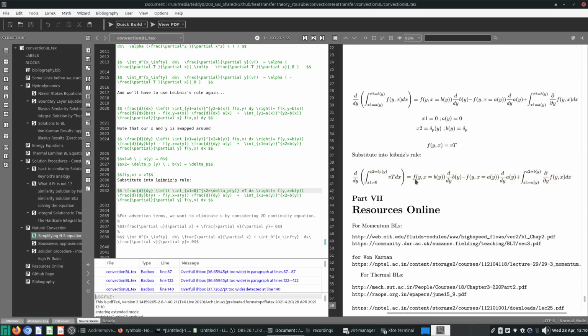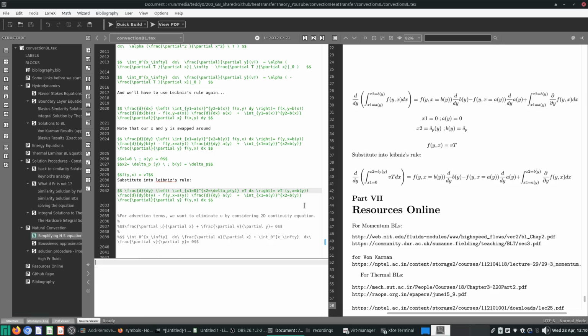Okay, so we will actually have vt evaluated at b of y. So this is vt evaluated at b of y, which is the boundary layer. Then you'll have this d by dt of this boundary layer thickness with respect to y.